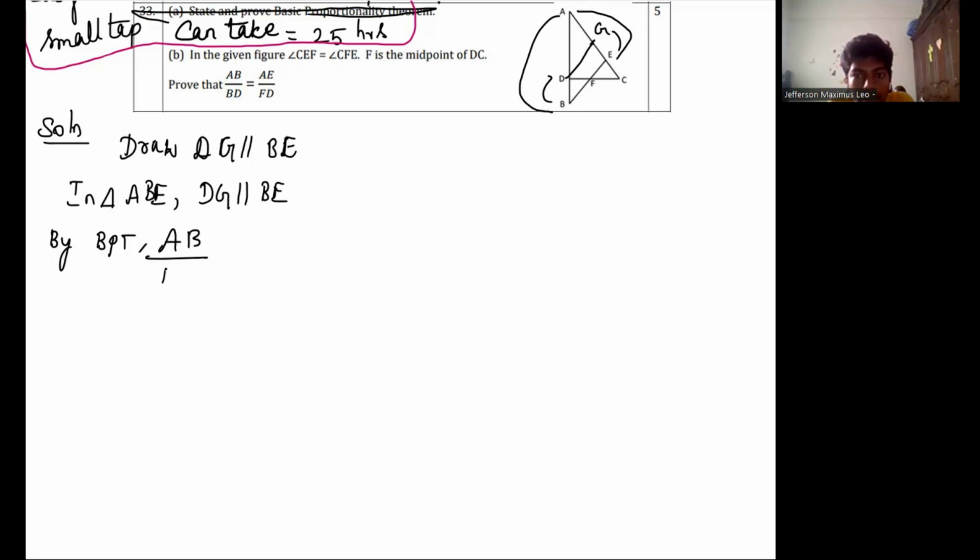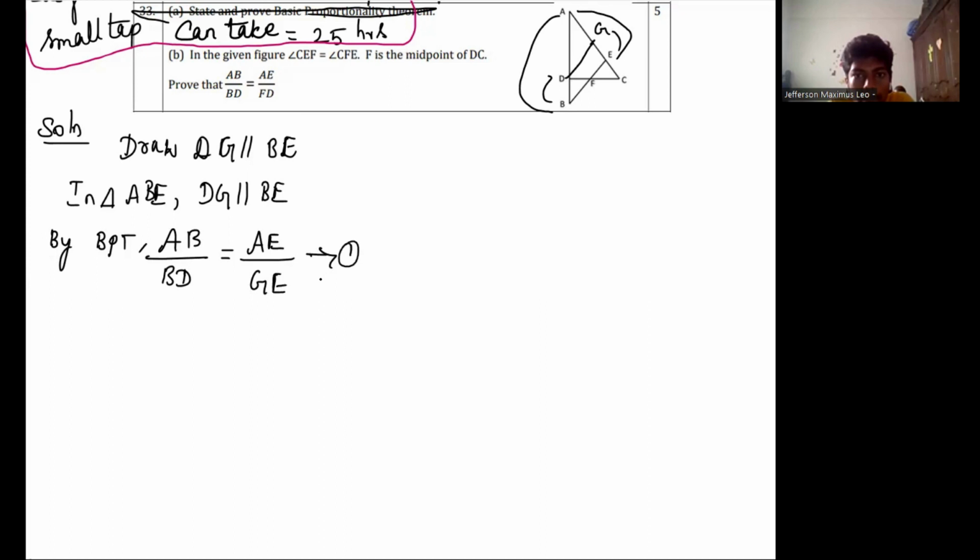AB by BD is equal to AE by GE. Okay, ma'am. By BPT, AB by BD is equal to AE by GE. This came from BPT.